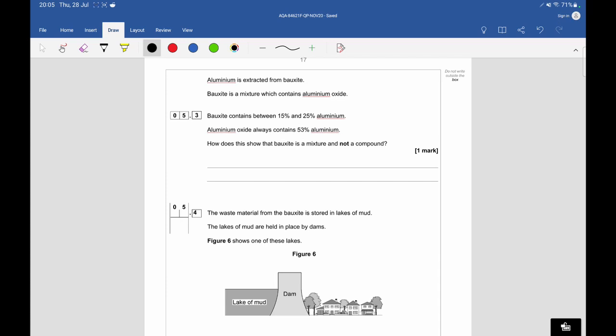We know that in compounds, the amount of substances involved tends to stay the same every time you use them. So for example, in sodium chloride, there's always going to be 50% sodium and 50% chlorine.